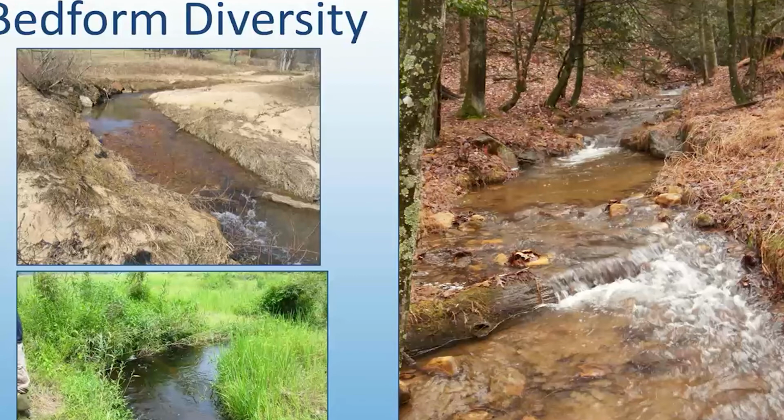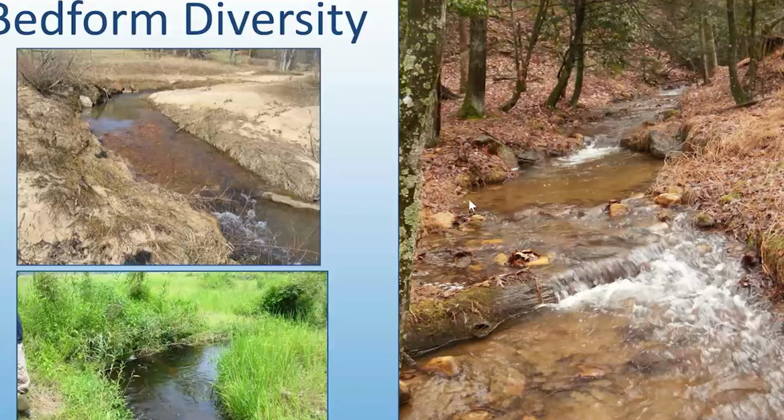All right, so the next parameter is bed form diversity. For those of you that do not have a geomorphology background, you can think of bed form diversity like habitat. Basically, the bed form diversity parameter is a way to assess the riffle pool sequence in streams.